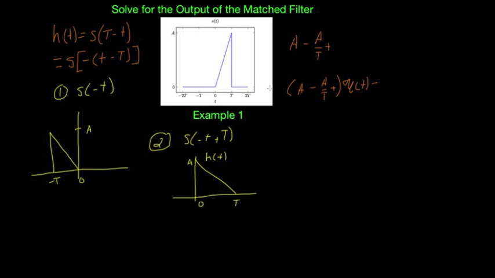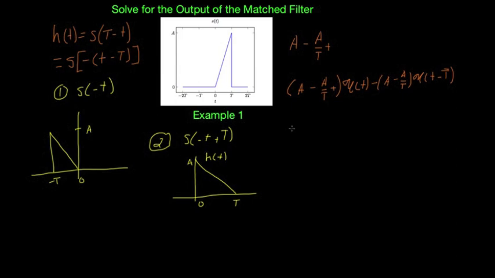Then we do the same thing. Our function turns off at capital T, so we subtract out our function at time t equals capital T, and it would look something like this.